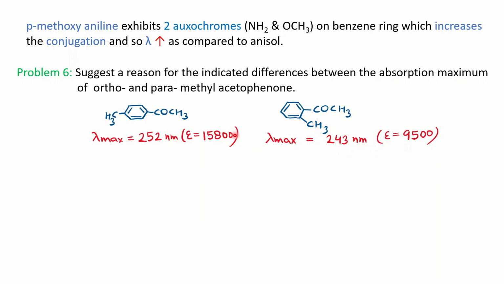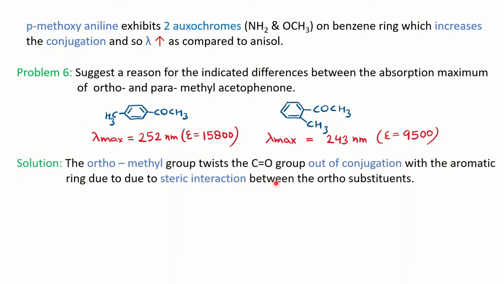So for this you have the justification, if you note the structure very carefully: in this case the ortho-methyl group will twist the carbonyl group out of conjugation, because three-dimensionally the three hydrogens are causing steric crowding.